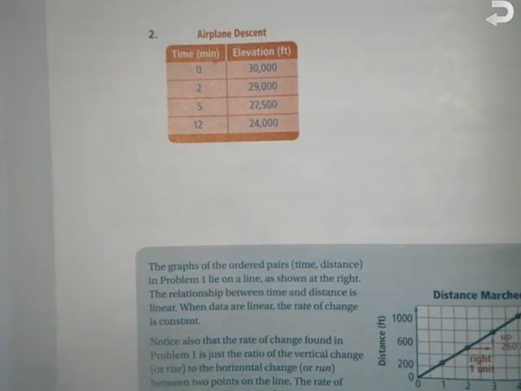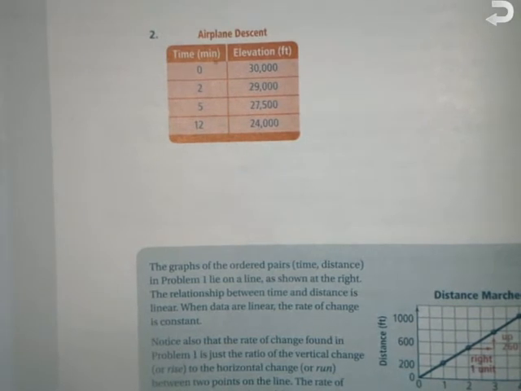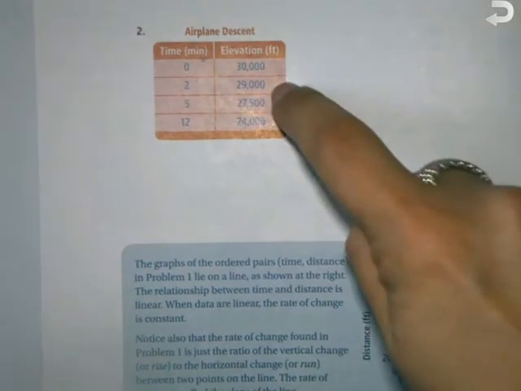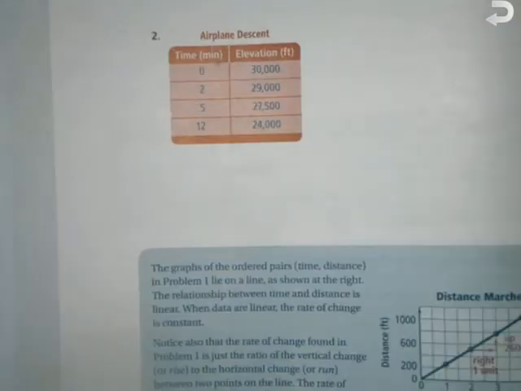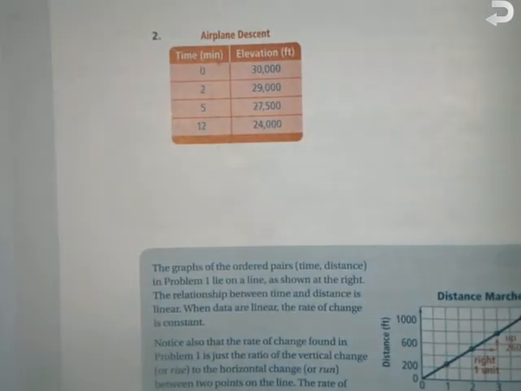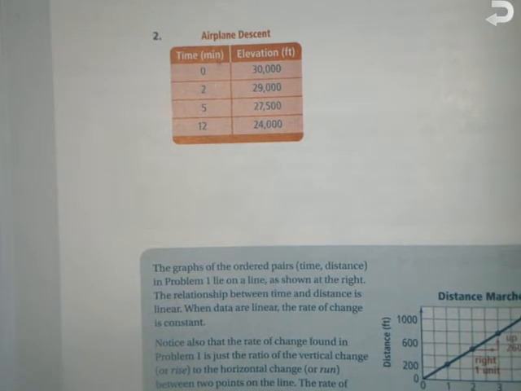So when we're looking at rate of change from a table, we need to look at rate of change from each interval that is given on the table, because the question is going to be, is the rate of change constant? So let's look at the table and see what information is given to us, and then we will use that information to determine if our rate of change is constant.